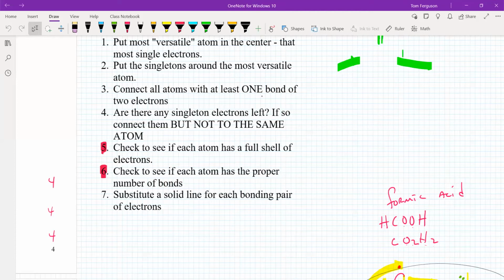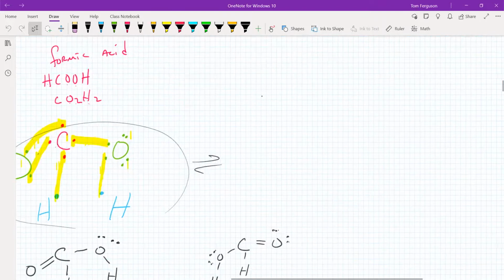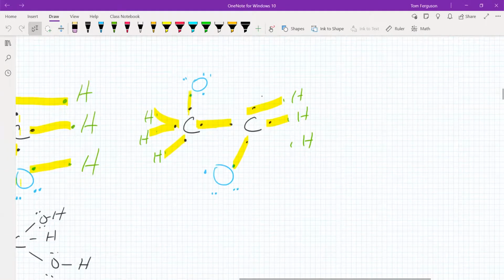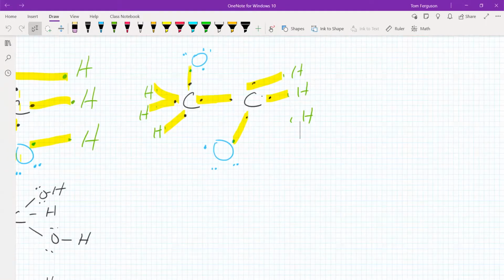Step number 3, connect all atoms with at least one bond of 2 electrons. What did I do wrong? You still have leftover electron. True.